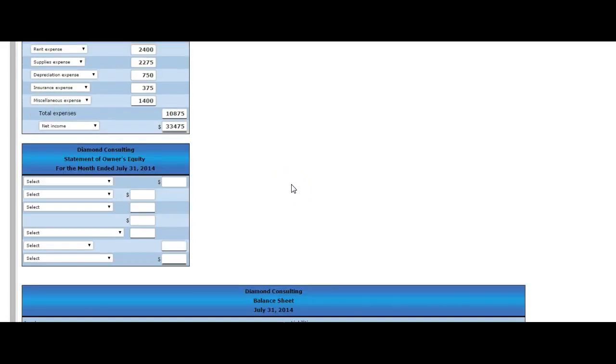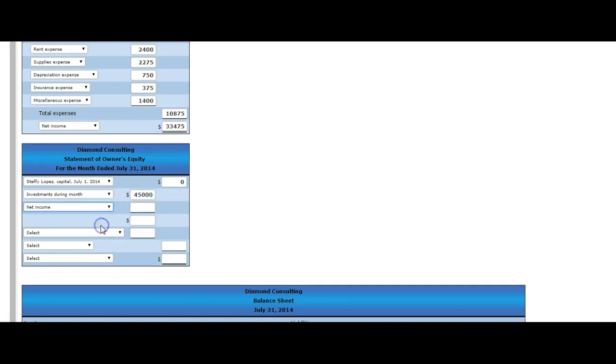Okay, you got that. Now you know how to do a statement of owner's equity. So the first thing you think, and I'm not happy the way they did this, is to be 0. Then this is investments during the month, and that was $45,000. Now what do I have to add to that?